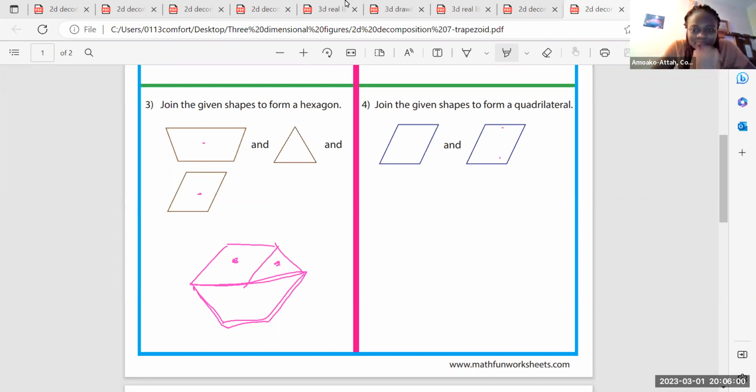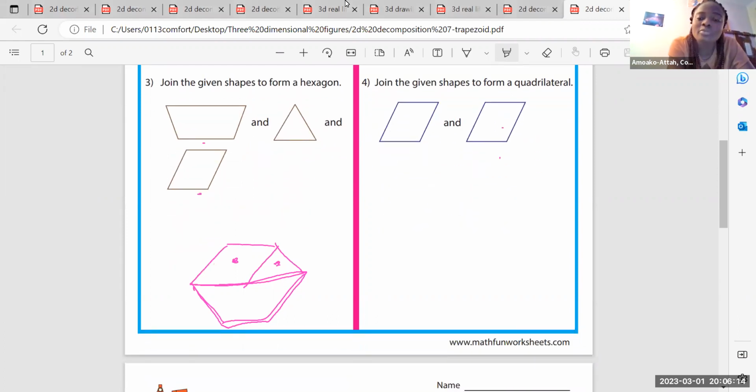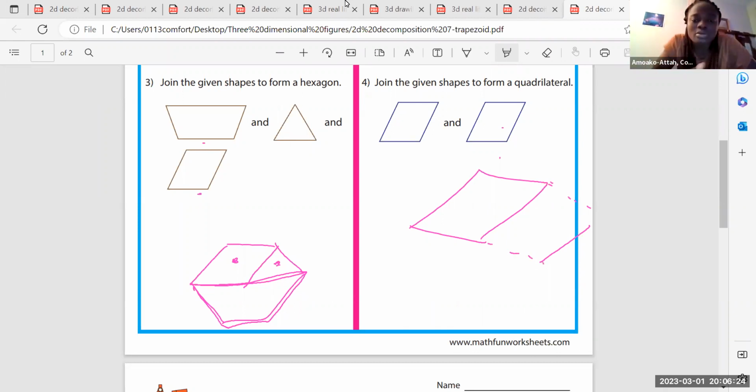Then the fourth one: you have to join the shapes to form a quadrilateral. How do you form a quadrilateral with this one? I can get 2 quadrilaterals from here. I have my quadrilateral like this, and I can get another extension down here.